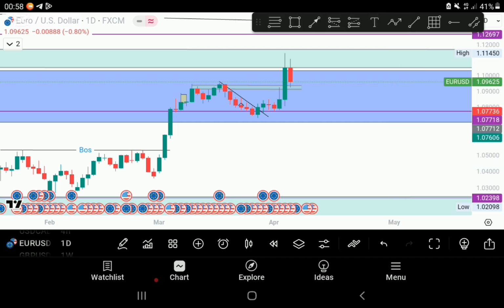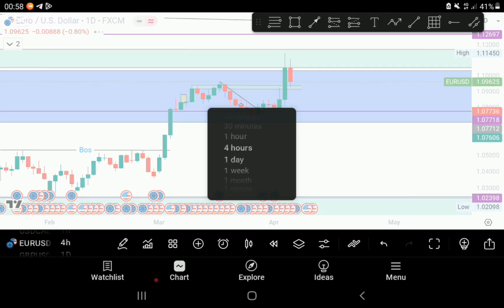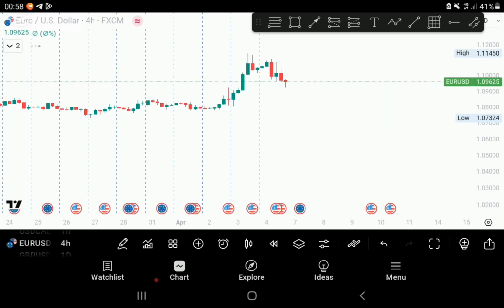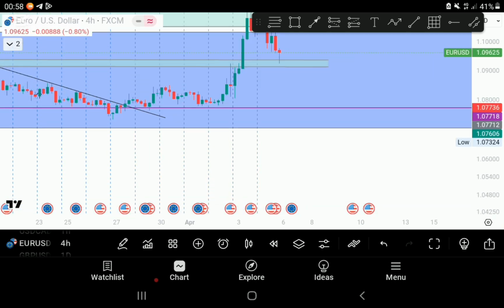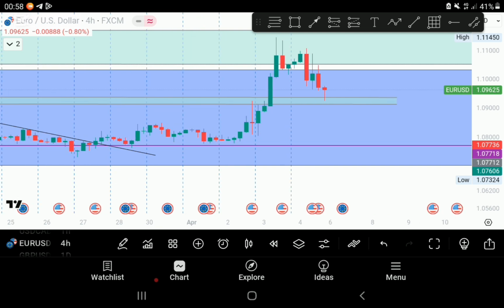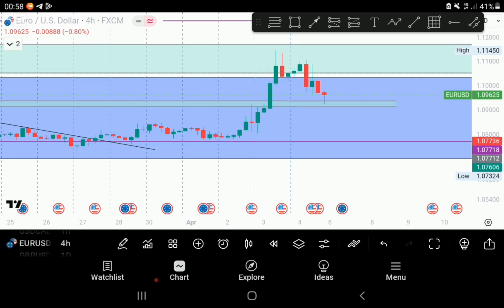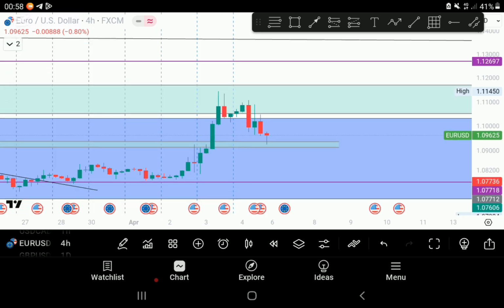So we'll go straight to the H4 time frame to see more clearly. Now this is the H4 time frame. As you can see, the market closed with a wick. The candle closed with a rejection, a hammer candle. It's a sign of a bullish movement.